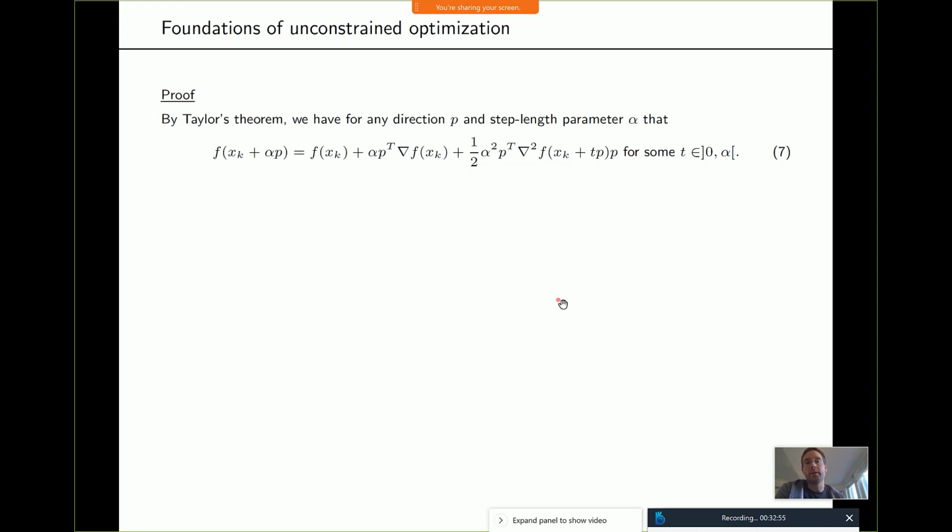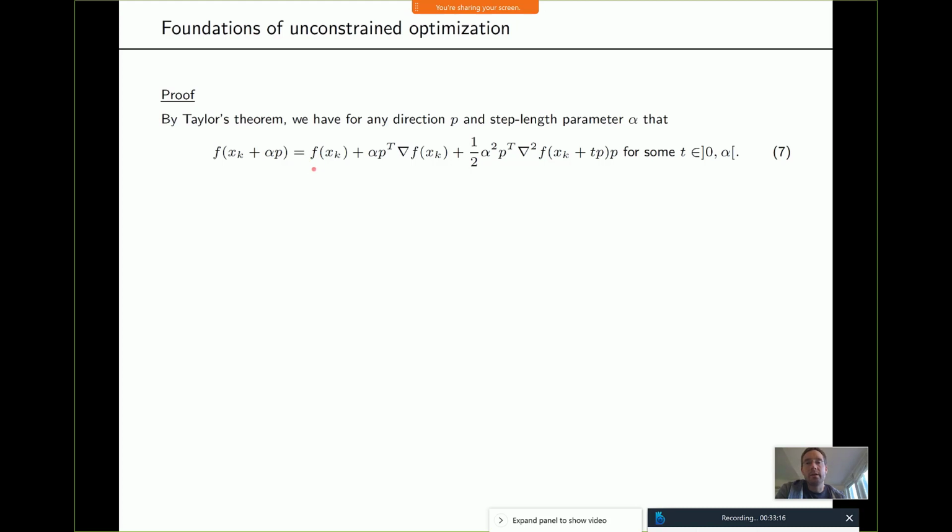So again, this requires Taylor's theorem in this second order form. We consider the value of the function f at xk plus some step p multiplied by some step size parameter alpha.